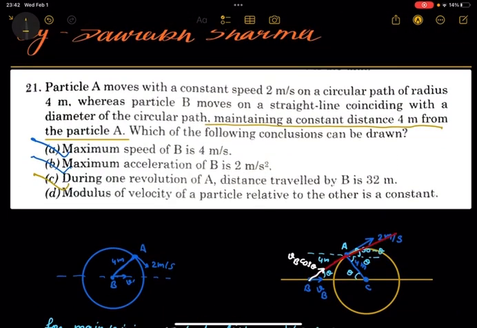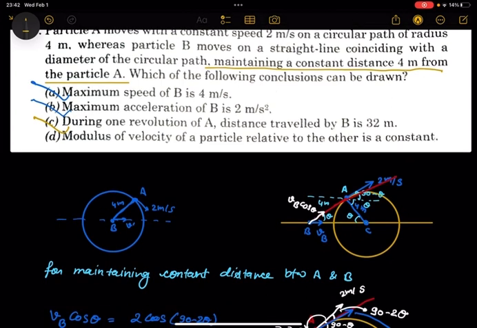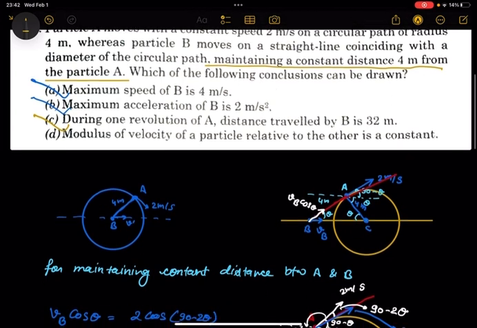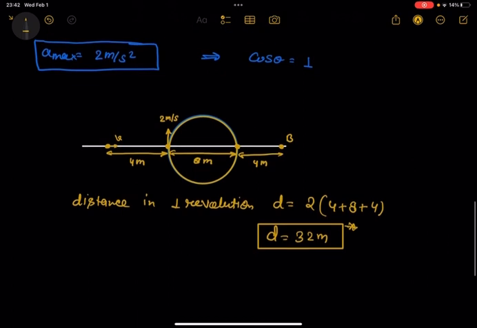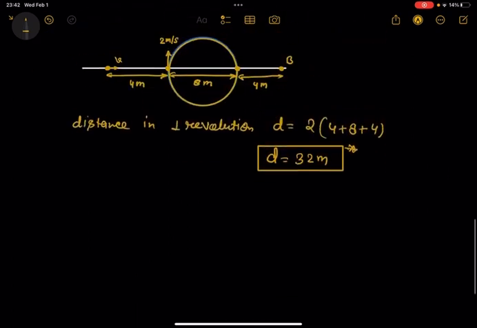Now I want to write: the modulus of velocity of a particle relative to the other is constant. Okay, so now you want to go with the relative velocity.